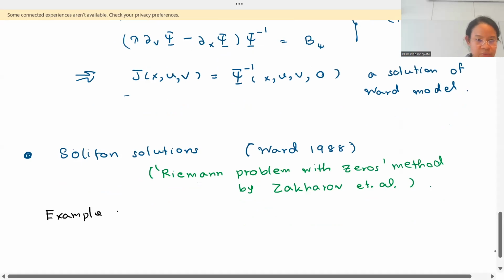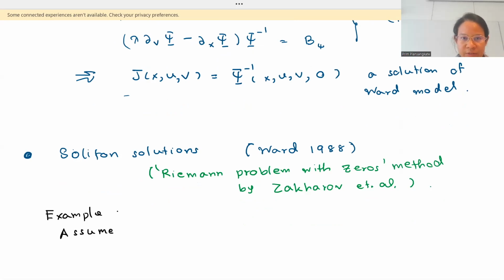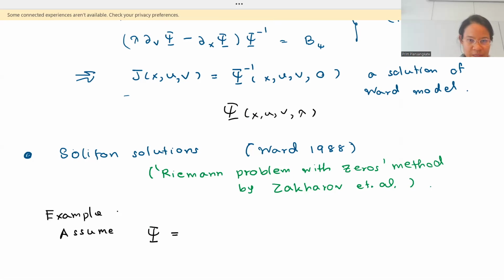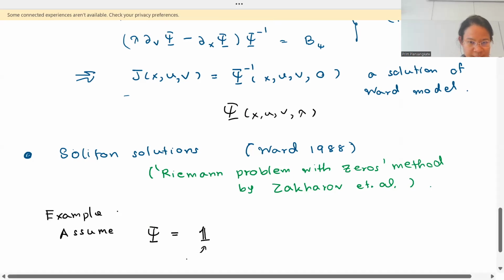So the way to do it is, well, we don't know psi, but we can assume a certain form of psi. So psi will be a function of x, u, v, and the parameter lambda. Then a simple case is to assume that psi has a simple dependence on lambda. So in Ward's paper, he assumed psi to be of this form. So this is the identity matrix, and then plus another matrix.